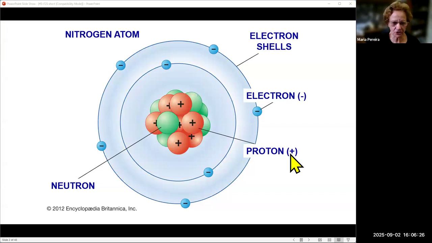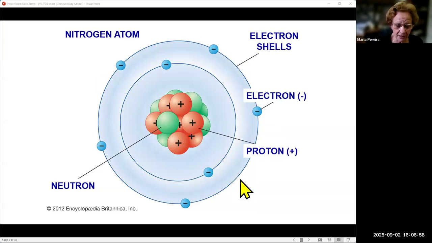So coming back to the slide, this atom, which is an imaginary atom, contains 1, 2, 3, 4, 5, 6, 7 protons, should contain 7 neutrons, and it has 7 electrons. 2 in the first shell and 5 in the outer shell. So you would say that this atom is neutral. Why is it neutral?